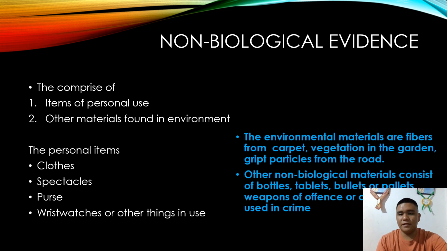The environmental materials are fiber from carpet, vegetation in the garden, and road particles. Other non-biological materials consist of bottles, tablets, bullets or pellets, and weapons used in the crime.